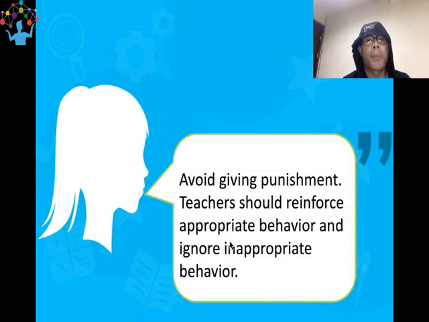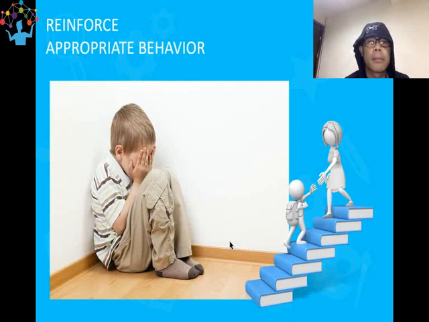Avoid giving punishment. So take note of that. Teachers should reinforce or strengthen appropriate or positive behavior and ignore inappropriate behavior. Okay, so again, reinforce appropriate behavior.